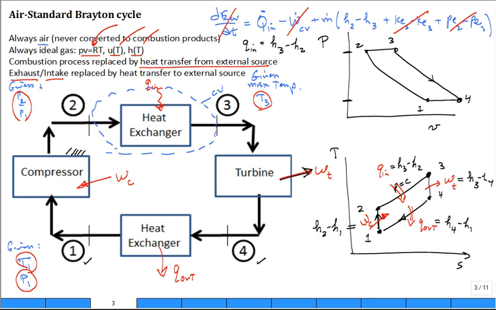Let me ask a question as you march around this thing. How about H2? Is H2 greater than H1? The enthalpy at state 2, is it greater than? It is. I think if you get that straight. And then how about the enthalpy at 3? Is that greater than the enthalpy at 2? Yes. How about the enthalpy at 4 compared to the enthalpy at 3? It's less.